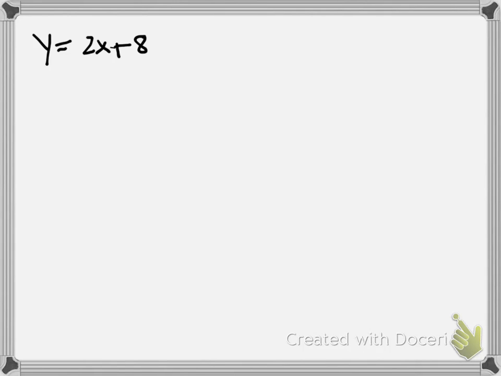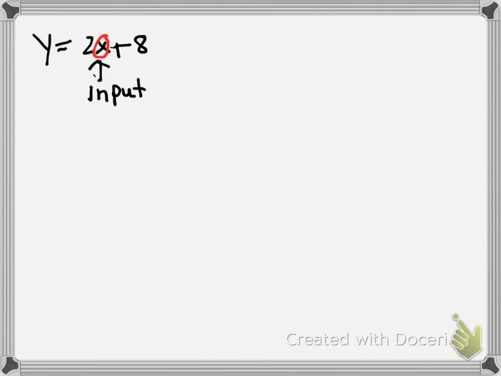So we're used to seeing this. We have an equation, two variables, y equals 2x plus 8. How do I rewrite this as a function? Keep this in mind: this value, the x, is your input.